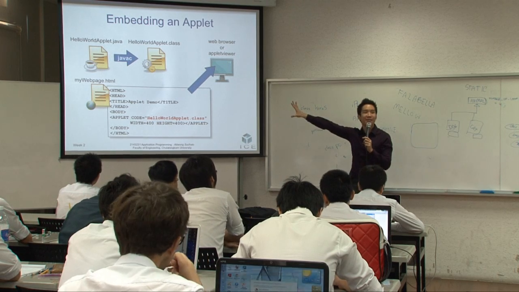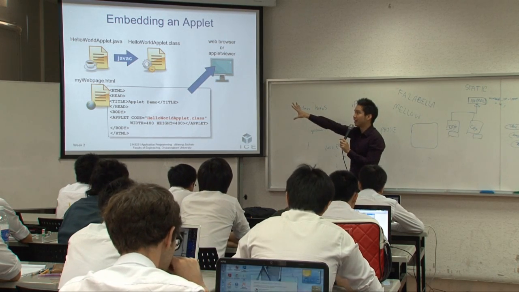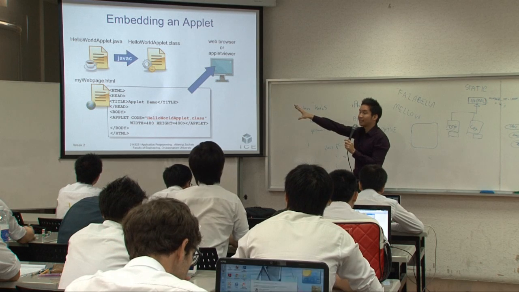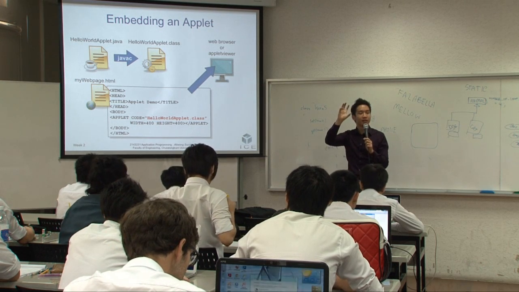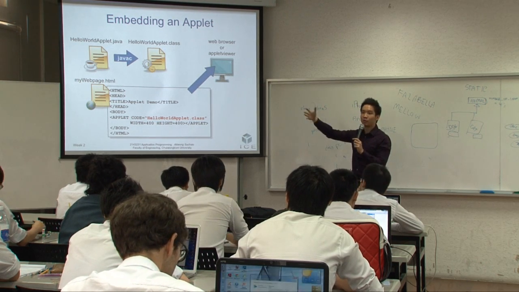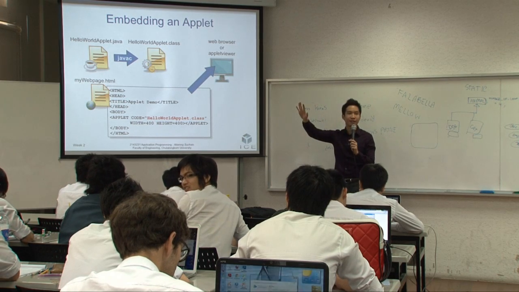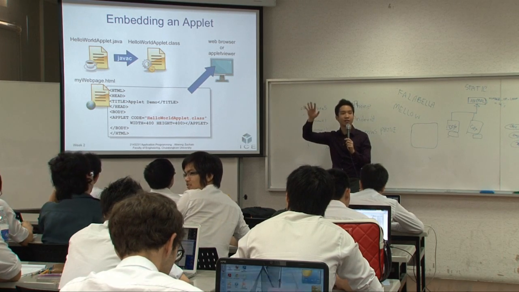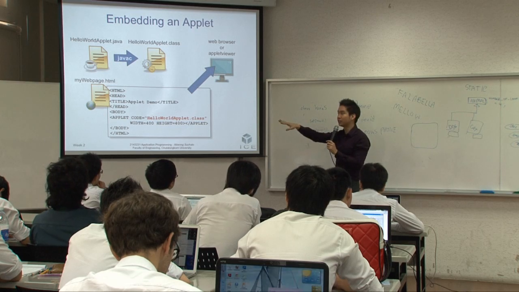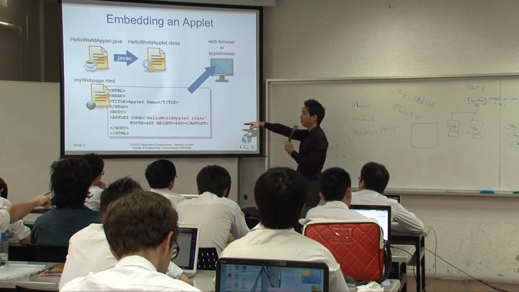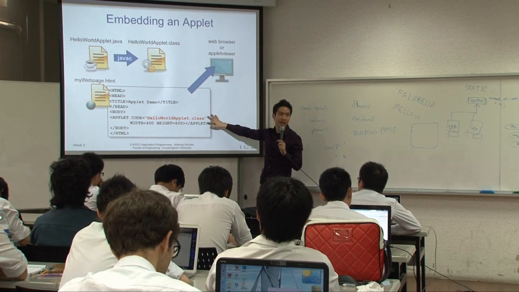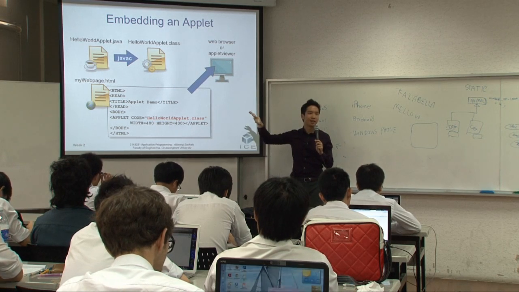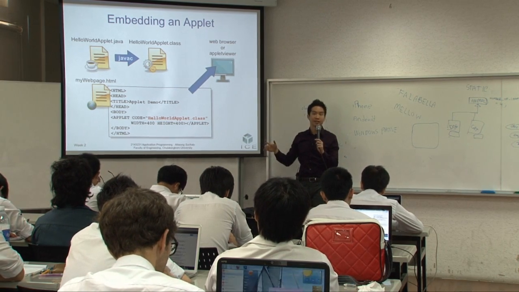An HTML file is a text file that has a markup language that is used to describe what the web page looks like. But for now, you don't have to know this because we'll cover web technology later in the course. For now, just know that this is the syntax to embed an applet inside your HTML page.